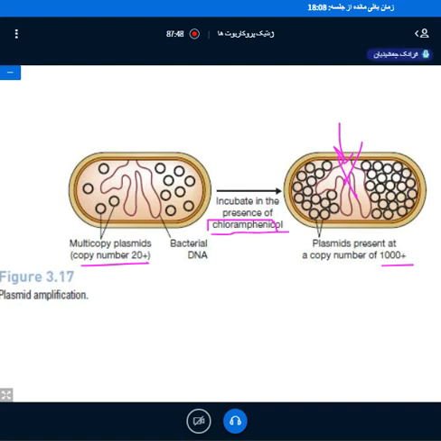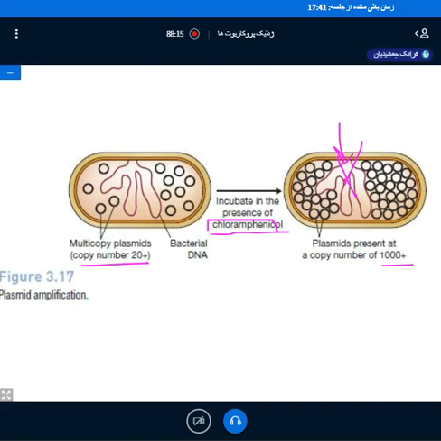It doesn't let the proteins of the bacteria synthesize, so the amplification of the bacteria is inhibited, and only plasmids can amplify.